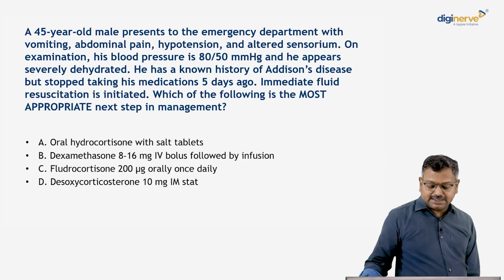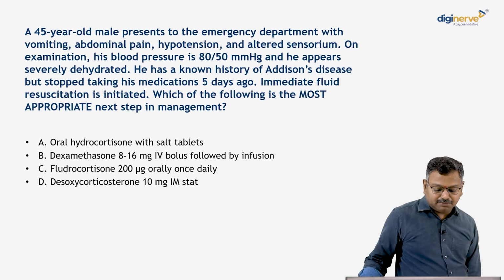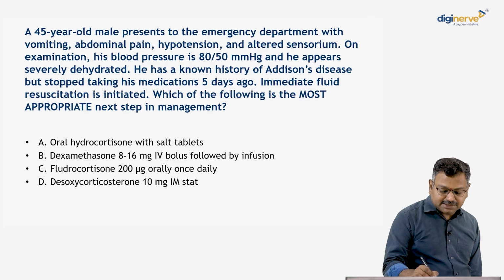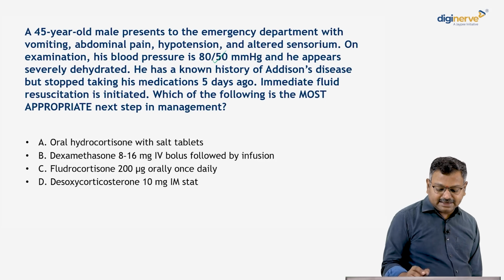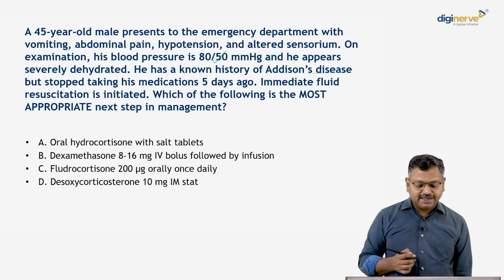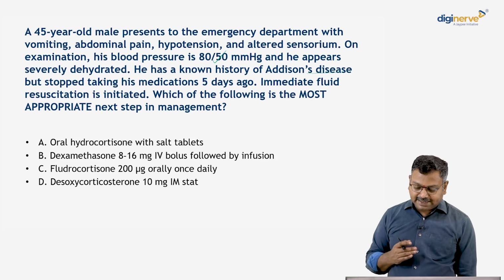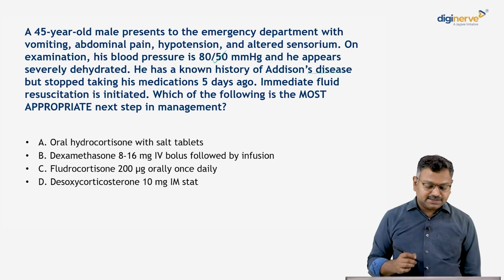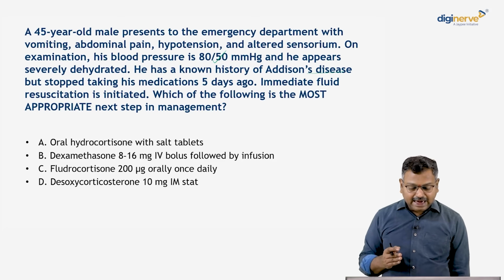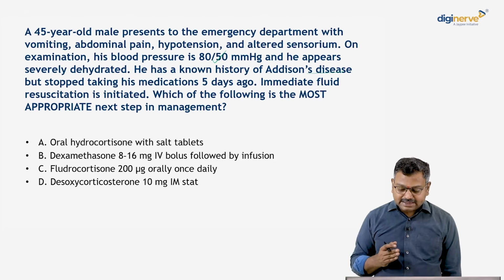A 45-year-old comes to the emergency with altered sensorium, abdominal pain, hypotension, BP is 80/50, severely dehydrated. You know it is an Addison's disease case, has stopped medication for 5 days, immediate fluid has to be given. What is the most appropriate therapy? Please remember Addisonian crisis, steroids are the main and we would want to give parenteral steroids.